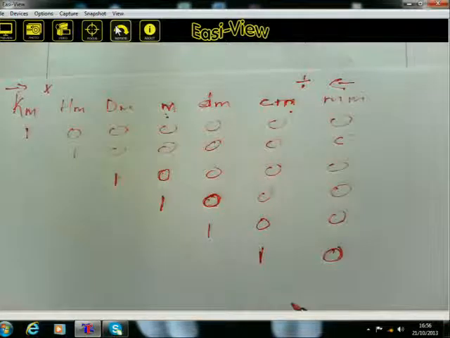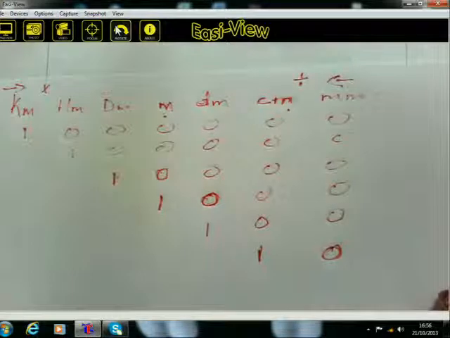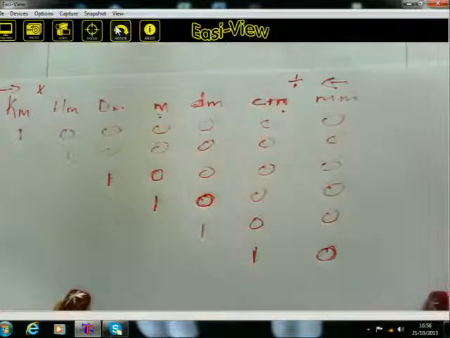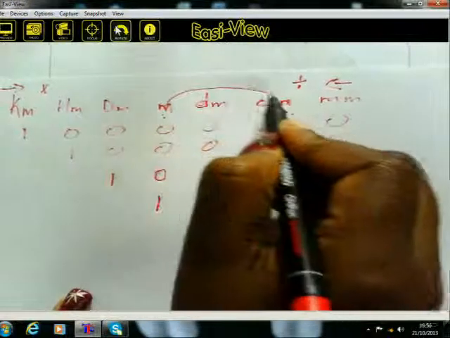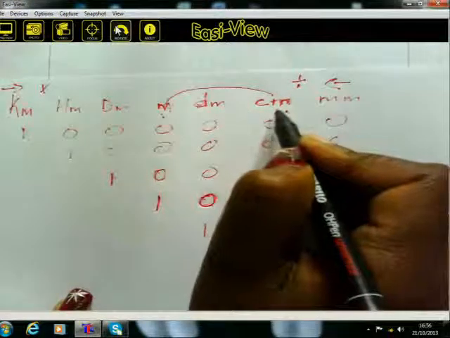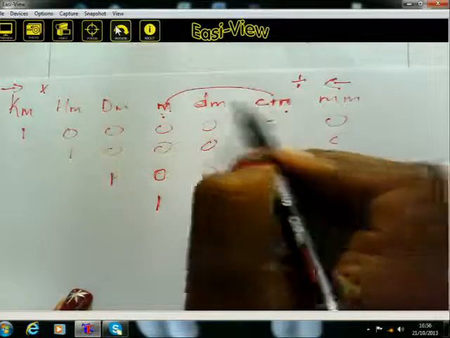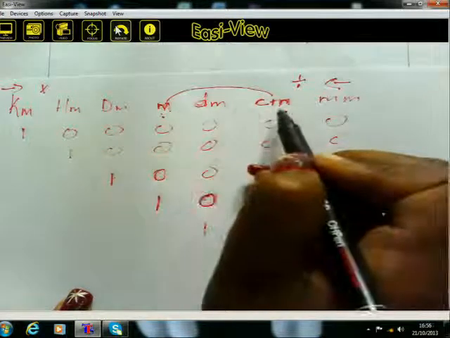Are we together there? This will help your memory. So now, what are we doing now? You are moving from what? From meters to centimeter. The right way is you convert meter to centimeter.